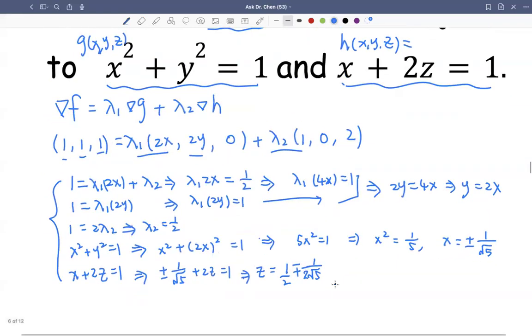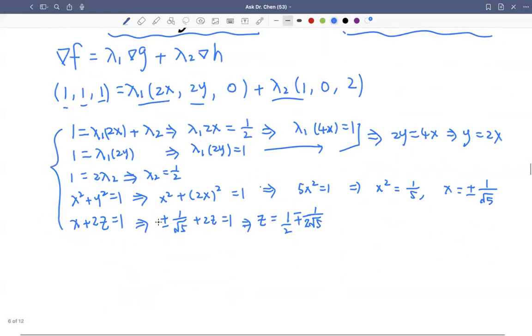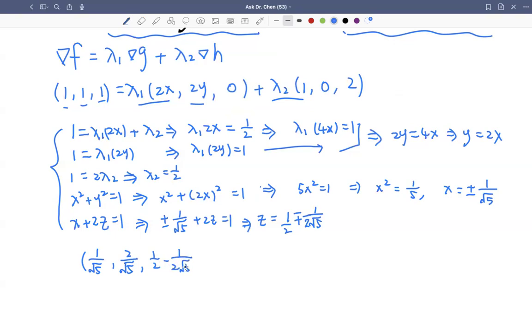So we get 2 critical points. The first critical point is x equal to positive 1 over square root of 5, and y equal to 2x, so y equals 2 over square root of 5. The z value is a half minus 1 over 2 square root of 5.